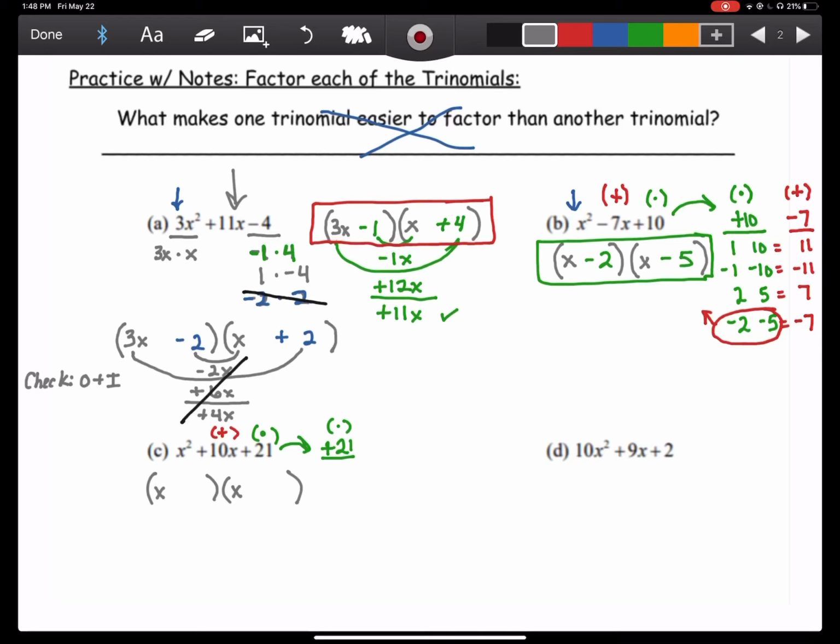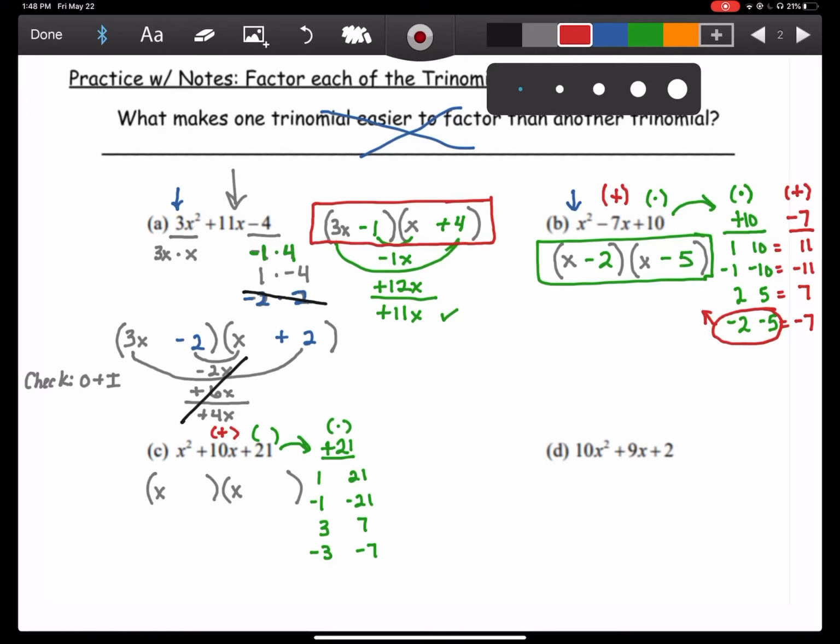So what two numbers multiply to get positive 21? Well, this might be a long list. That's not too long. It could be 1 and 21. It could be negative 1 and negative 21. It could be 3 and 7, and it could be negative 3 and negative 7.